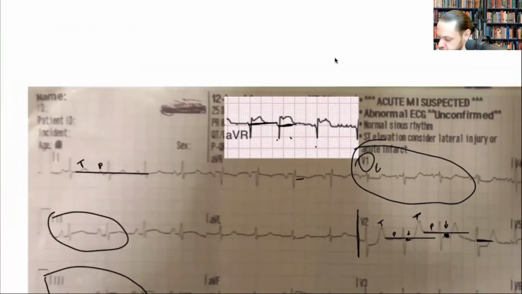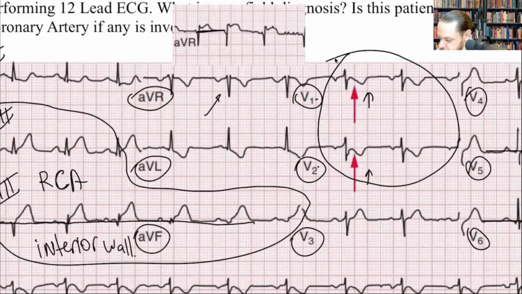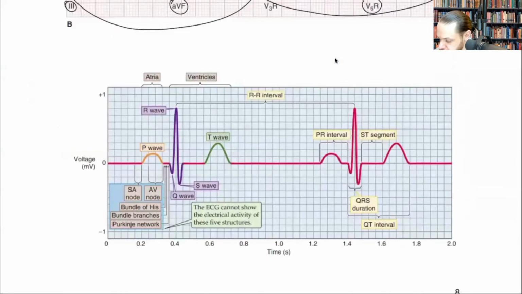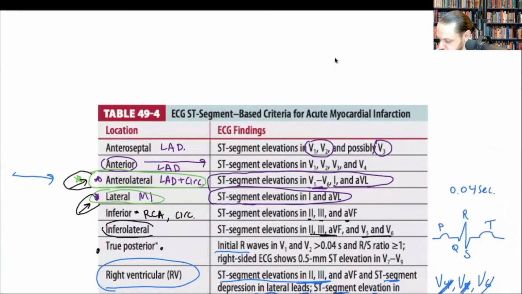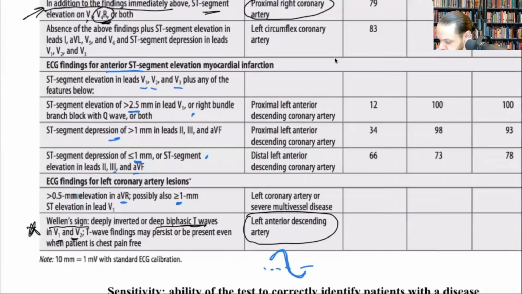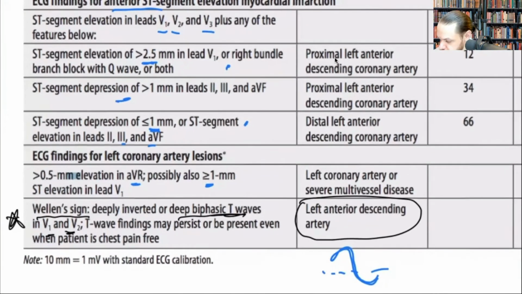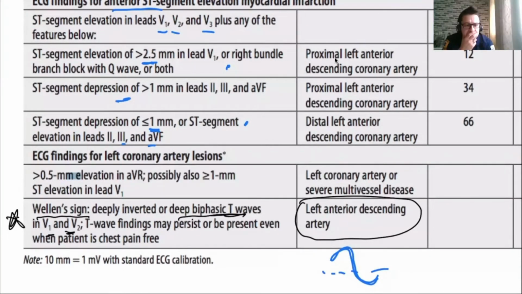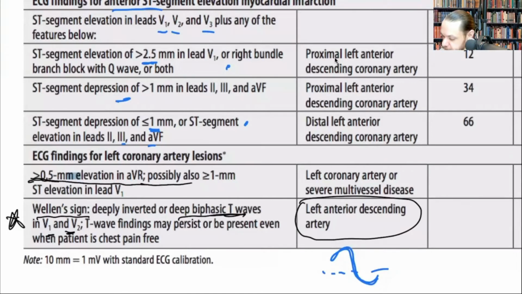And if we go to the chart that I was showing you earlier, let me make it smaller. So see here, greater than 0.5 elevations in AVR and possibly greater than or equal to 1 millimeter elevations in V1.